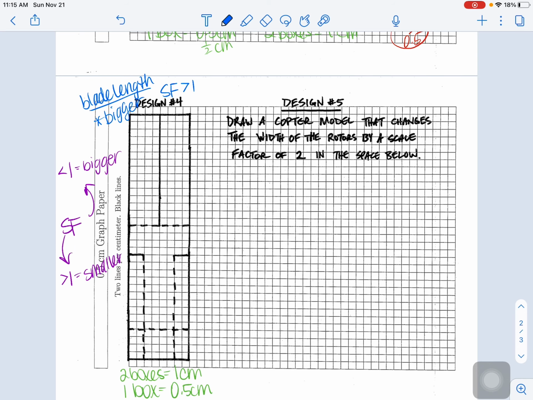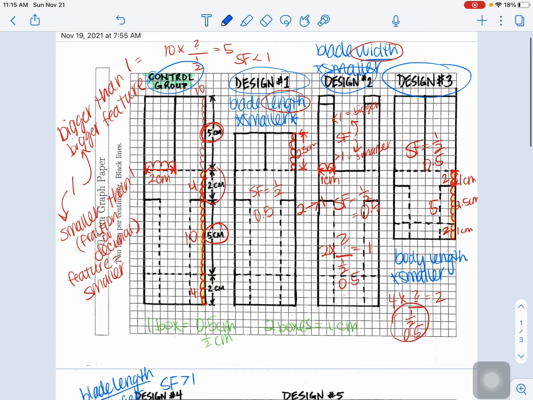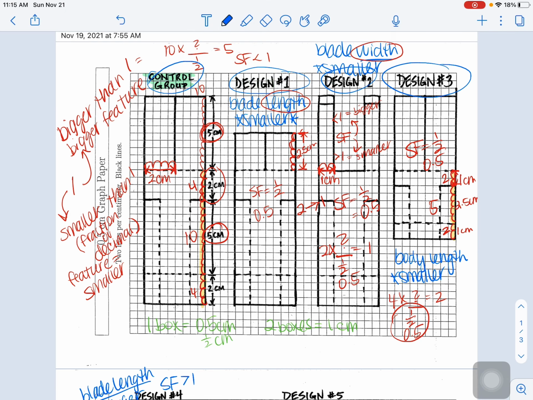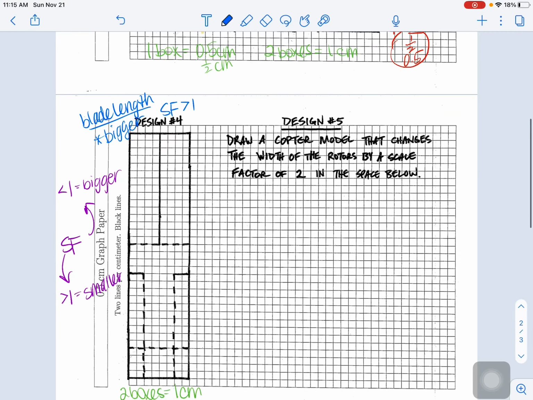All right, so let's flip back to our original control group here. And I'll stick with blue. So remember, we had 5 centimeters was our length here, and it was 10 boxes: 1, 2, 3, 4, 5, 6, 7, 8, 9, 10. So down here, I want to count.